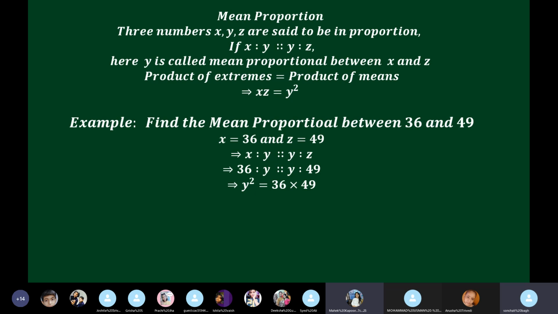So I've just turned the formula. Am I right in turning the formula? Now we do not know how to find the square root, right? Because we need Y, we do not need Y square. We need Y. So what?